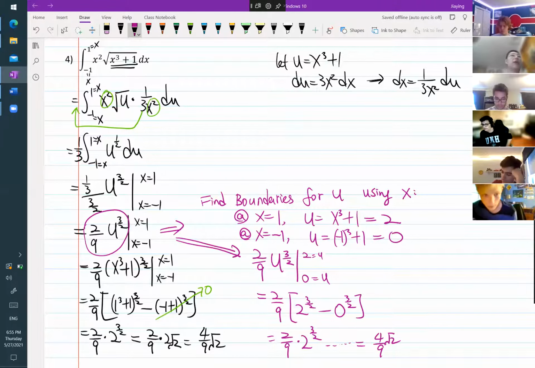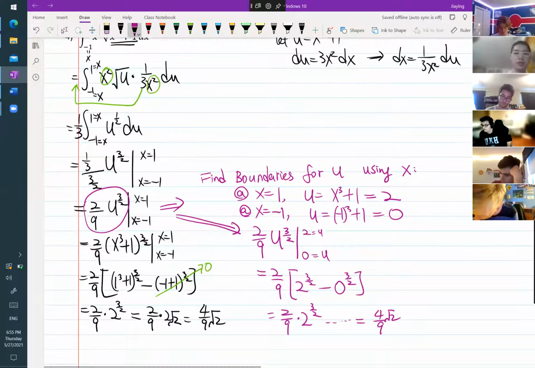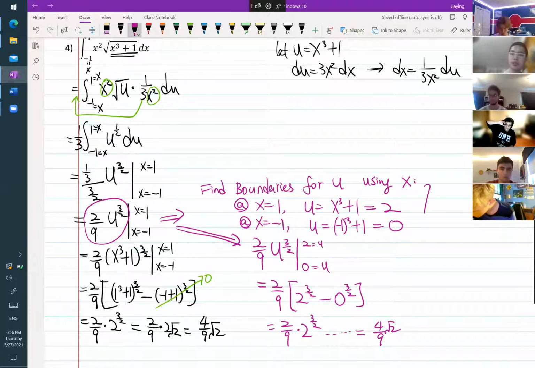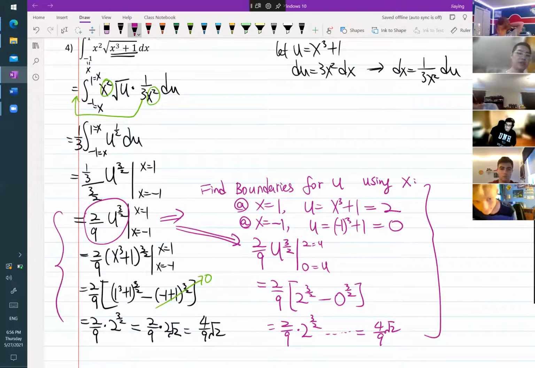Whichever you prefer, remember that definite integrals give you numbers, right? We want a number at the end. So whichever approach you find easy, you can use it, but at the end, you always want to end up with just a number. Some people find this approach easy, and some people find the one on the left easy. But I'll let you decide.